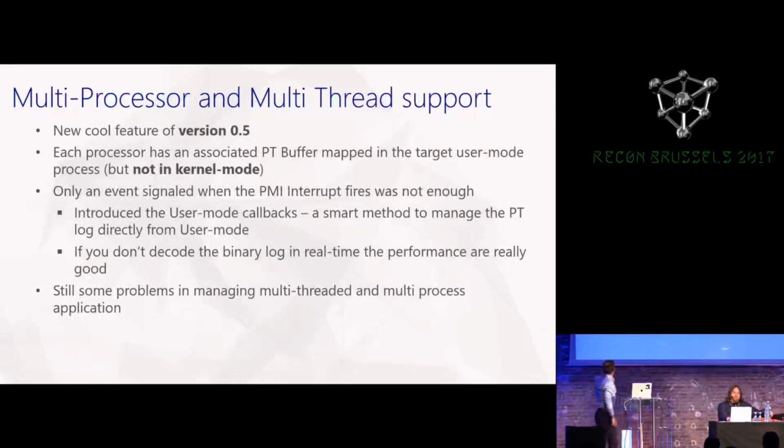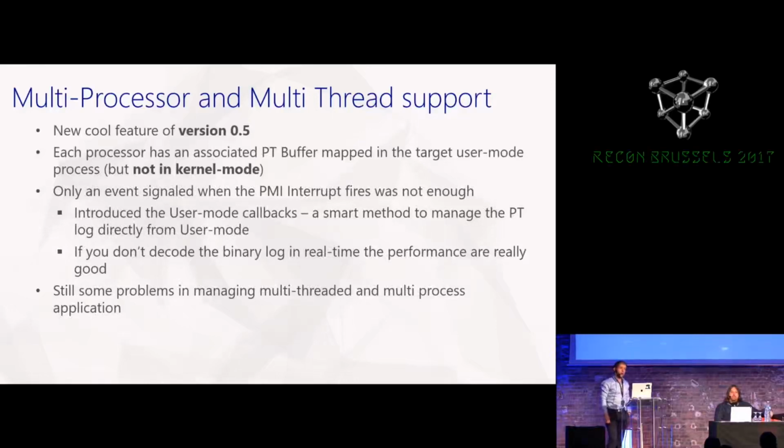Okay, here is where things get interesting, because in version 0.5 we have been able to support multiprocessor and multi-thread applications. We have implemented it in a way in which each CPU has its buffer associated with it, and it's mapped in user mode.